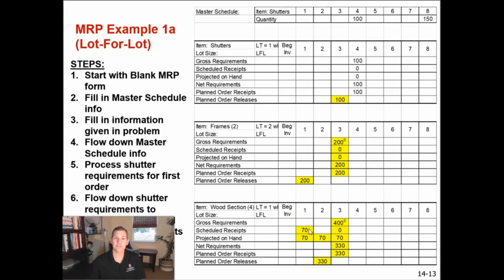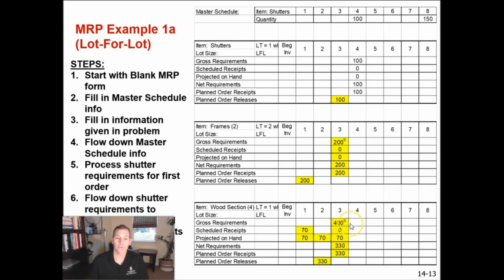After it physically arrives in week 1, it becomes projected on-hand inventory. It's gone from being on order to arriving. So your 70 pieces is no longer an open order, it's arrived. So now you have 70 pieces on hand in week 1. You do not use them in week 1. So they sit in inventory in week 2 until they are consumed in week 3.